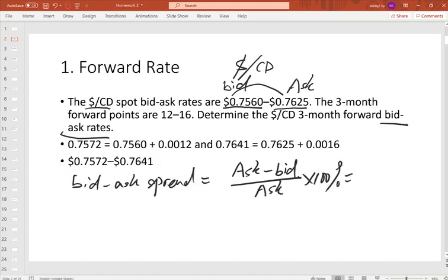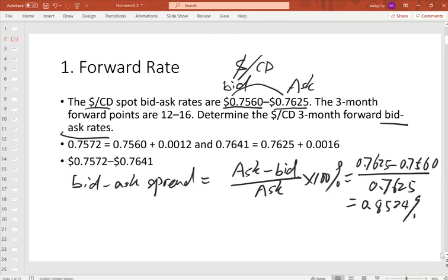So that's equal to 0.7625 minus 0.7560 over 0.7625. So the answer will equal 0.8524%. Less than 1%.